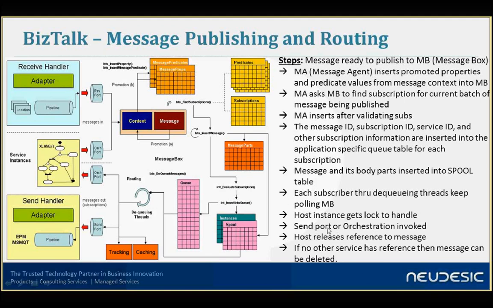These two are subscribers, so those are invoked with that message. Once the host releases its reference to the message, and if we don't have any other reference, the message can be deleted from the BizTalk message box. So this is the message publishing and routing engine in BizTalk.